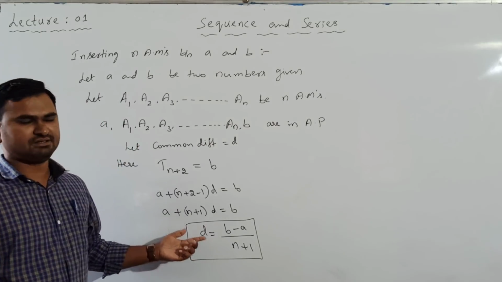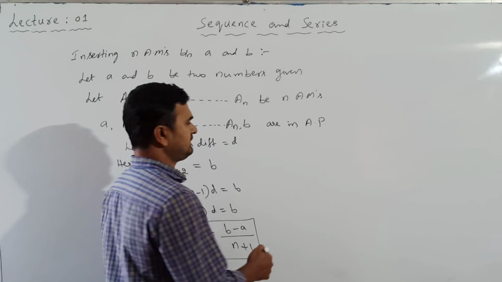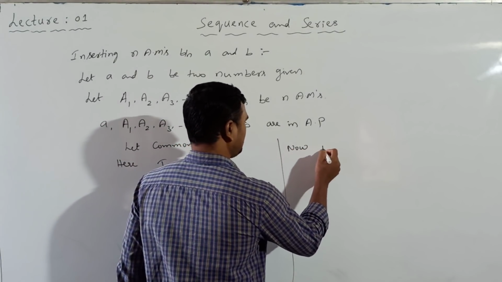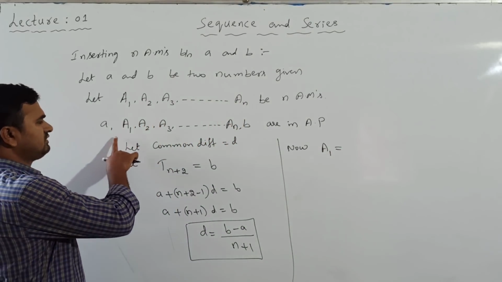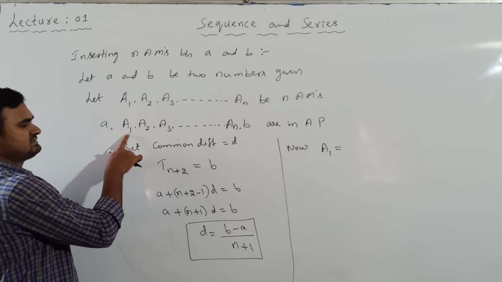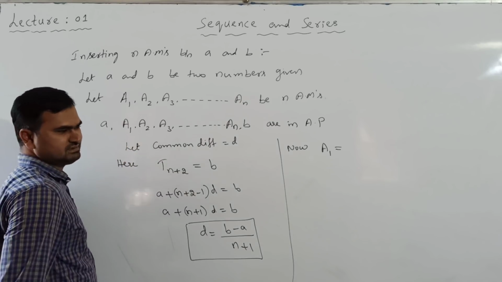Now once we know d, can we find A1, A2, A3 up to An? Let me find A1. For this AP, which term is A1? This is the second term.